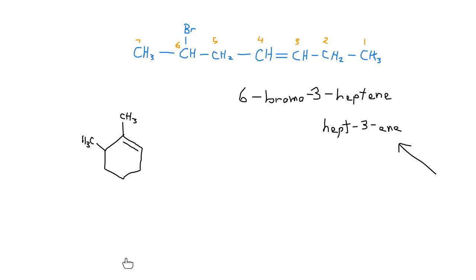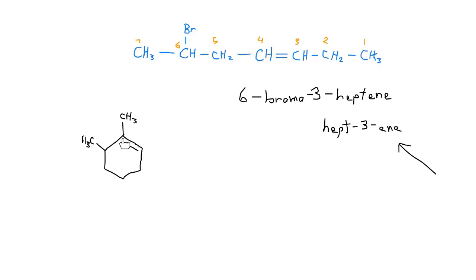In terms of the direction over here, it looks like you have an alkene or a double bond occurring over here. So for me, I would start numbering within this point.